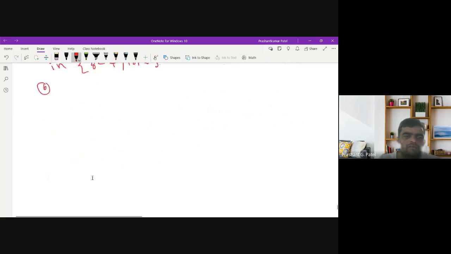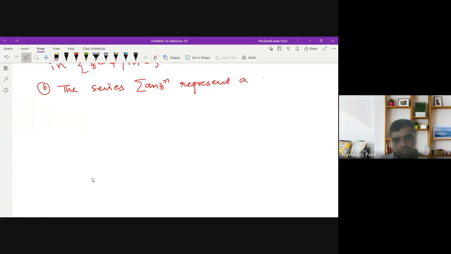So then what we can say is, the series summation a_n z raised to n represents a continuous function within the circle of convergence.